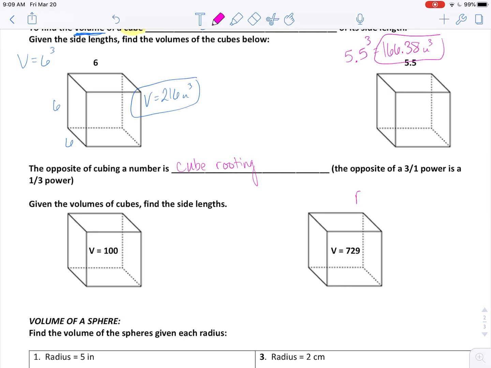And if you think about the exponent form, the opposite of r to the 3 over 1 would be r to the 1/3. And r to the 1/3 is, of course, the cube root of r.